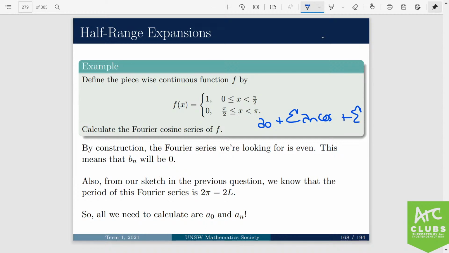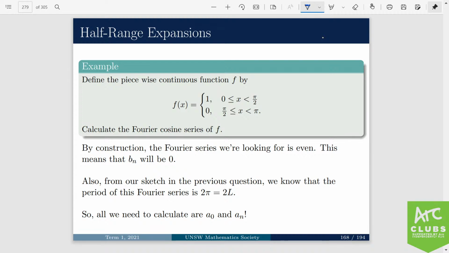I know this is not exactly what you get, but just as a rough thing, when we're looking for something that's even, the sine term is always going to be 0. So we don't even need to worry about calculating it, because that's just going to take up time in our exam that we could use for other things. All we need to do is calculate A naught and an, and then we'll have our Fourier series.